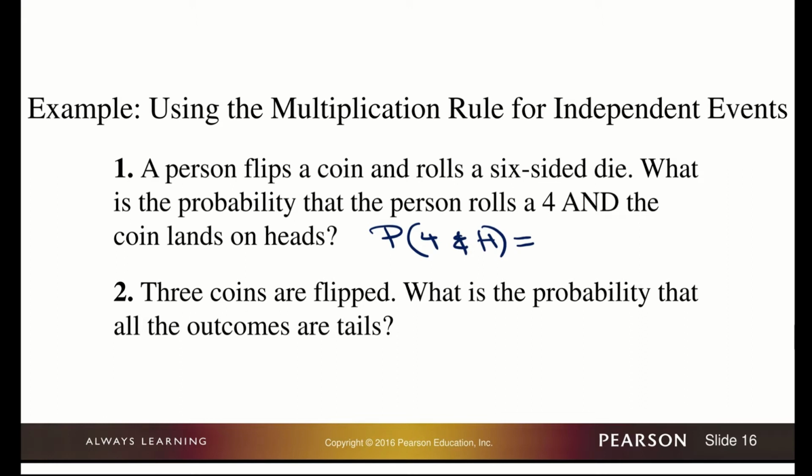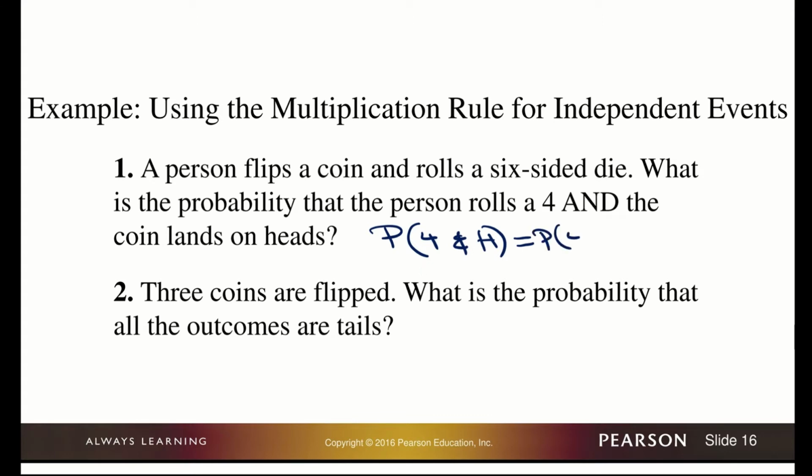We've already talked about this. The fact that a coin lands on heads or tails is not going to have any influence on what number the die rolls. So these two are independent events, and we can go ahead and use the multiplication rule.